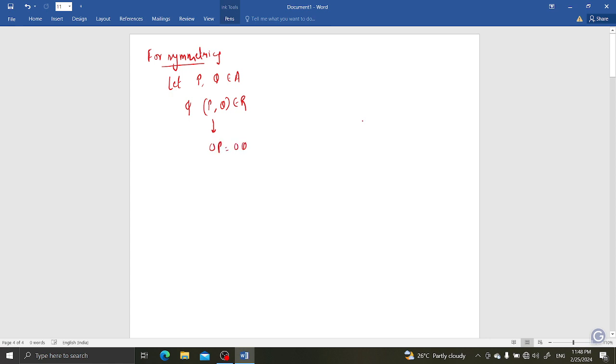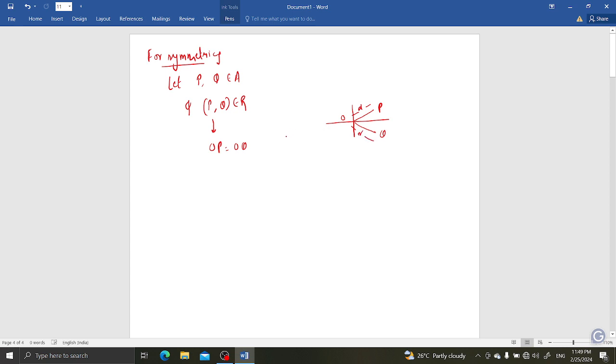I will explain by an example. Suppose point P is here and point Q is here, hypothetically, and here is O. Observe that (P, Q) belongs to R because the distance from here to here and from here to here are both the same.